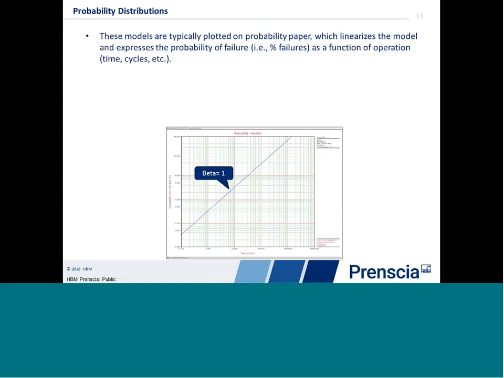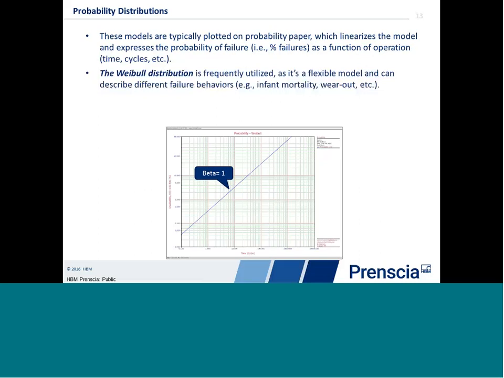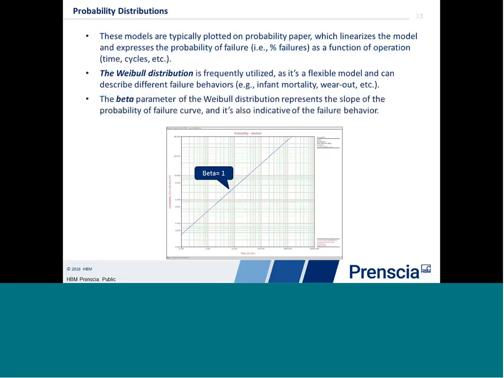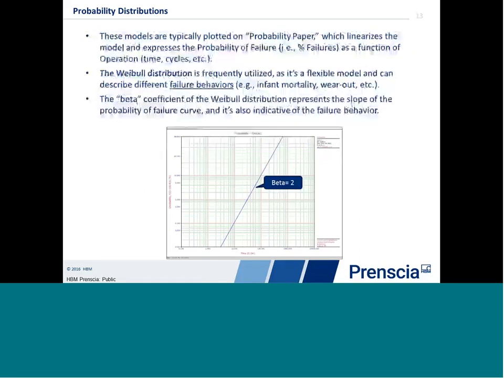Here's this Weibull distribution with a beta, or slope, of 1, and here's another Weibull plot, a different distribution from a different set of failures, and now this has what we call a beta of 2. So that Weibull slope beta is kind of a measure of scatter.